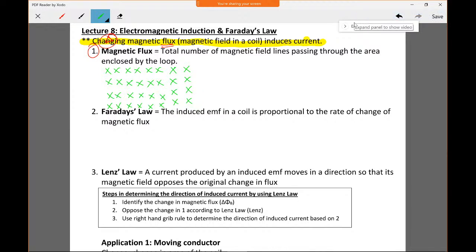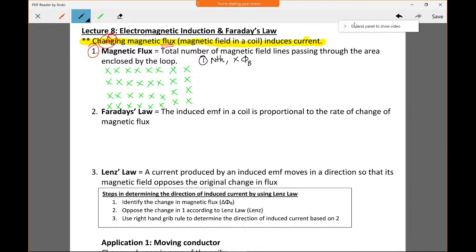If I do not put anything here, there is nothing here. Do you have magnetic flux? No. If nothing is being placed here, there is no magnetic flux.